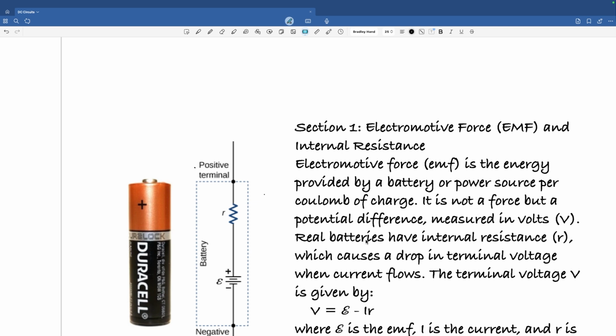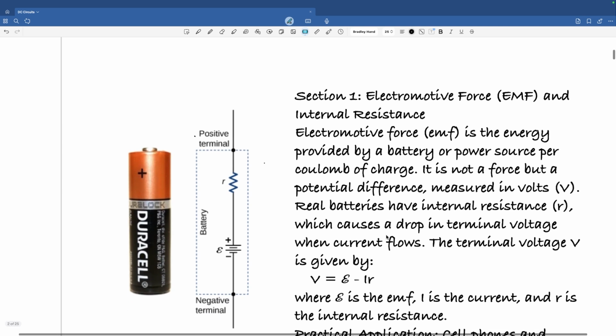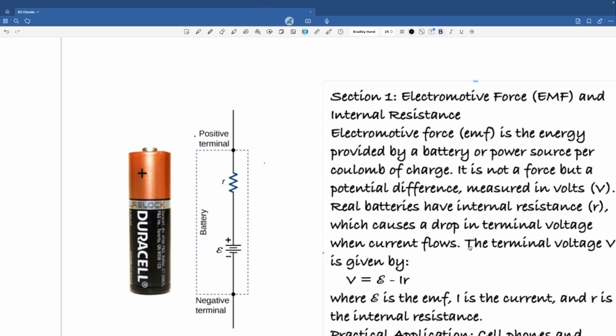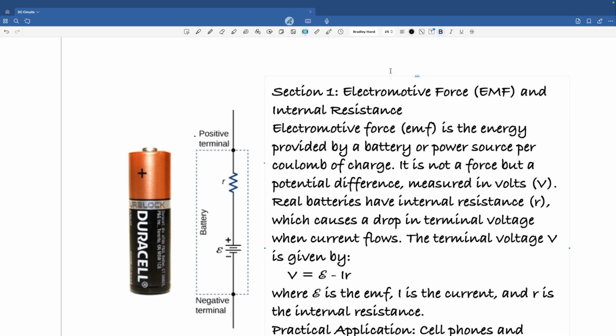Because of the internal resistance, when we use the battery, the terminal voltage that we get, which is the actual voltage available, for example to a light bulb, is going to be smaller than its EMF.